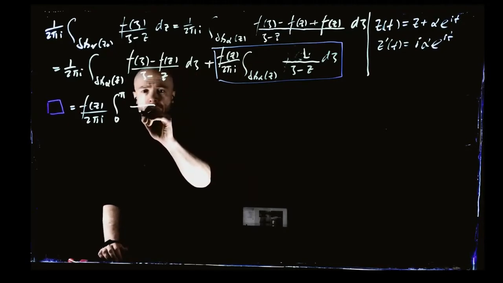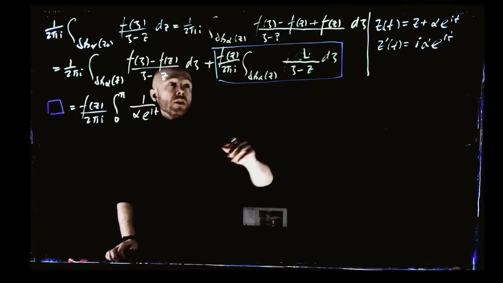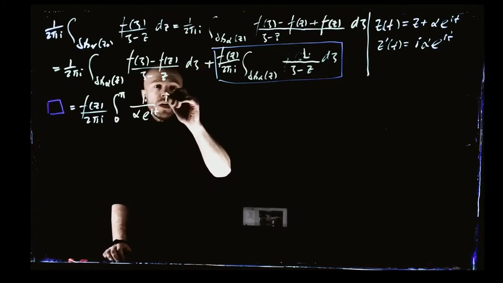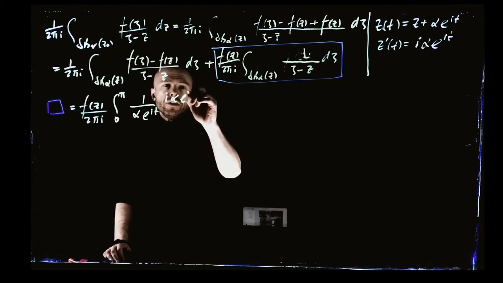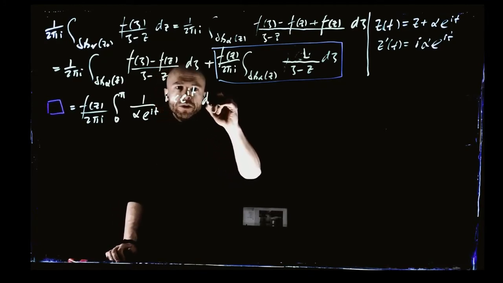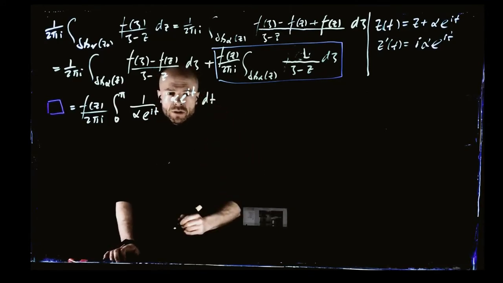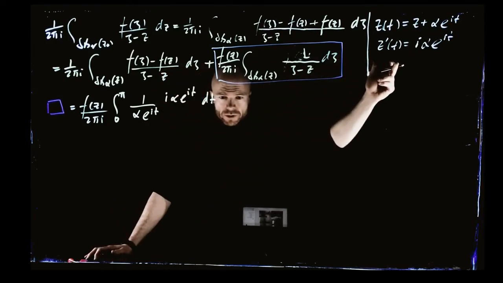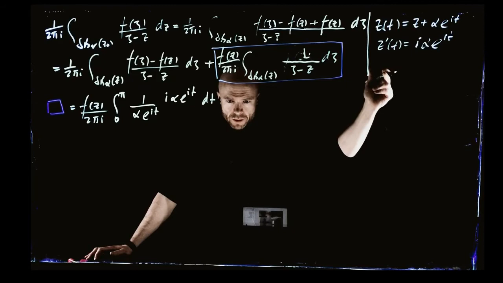So over here, we're going to have alpha e to the it. Yeah? And then we're going to have z prime, which is equal to i alpha e to the it, like this. And we're integrating with respect to t. Yeah? So this thing turns into this thing when we use this parameterization z of t. With me?